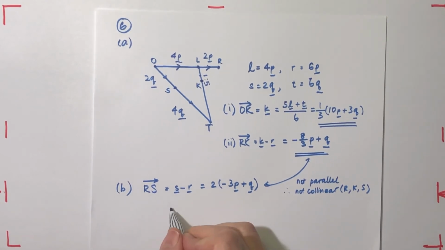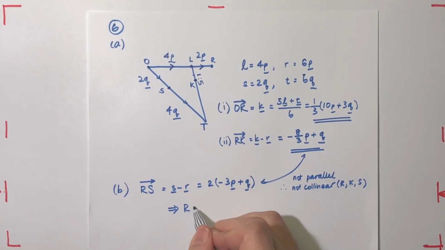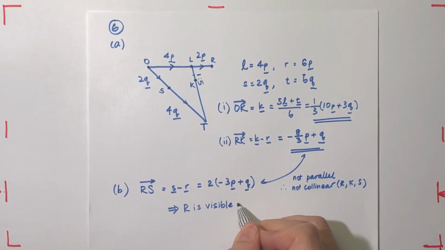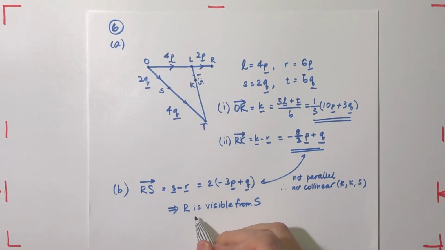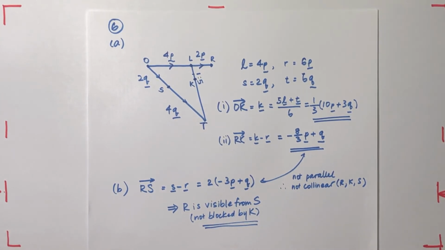So we can say R, K, and S are not collinear, and therefore the conclusion is that R is visible from S, because it's not blocked by K. So that's the answer for part B.